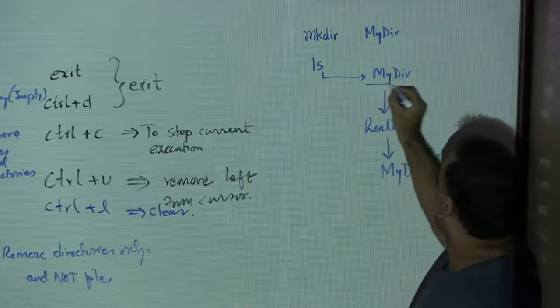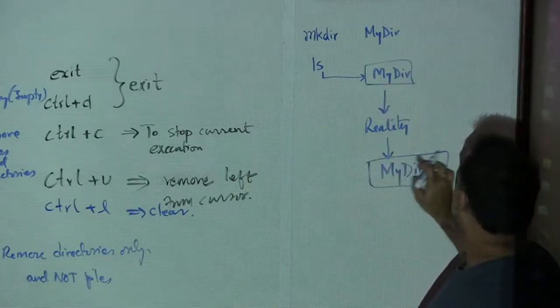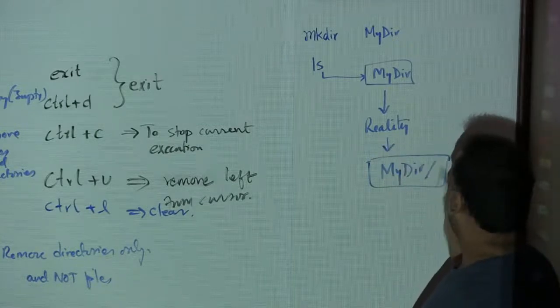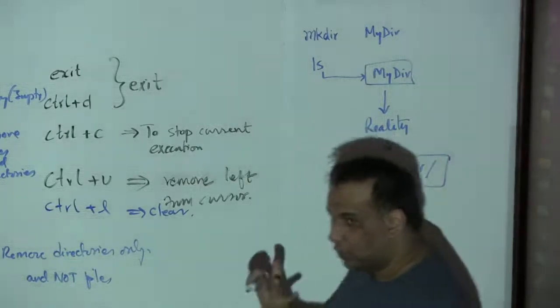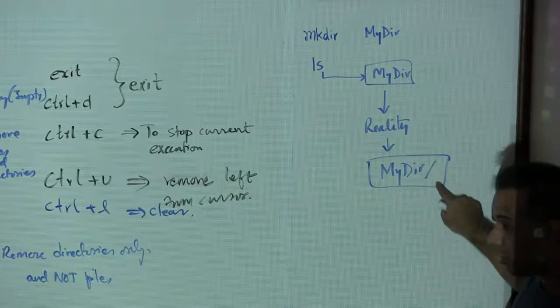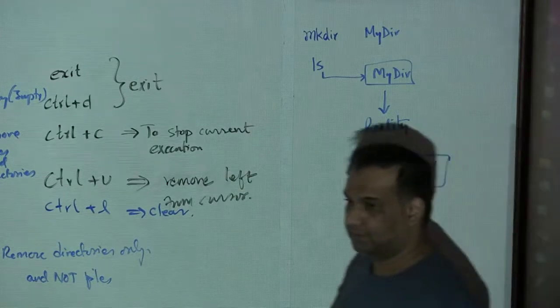So it is showing you this, but in reality, the full name of the directory is this. Basically, what it is showing you is a directory is created with the option of having more subdirectories in it. That's what the / here means.